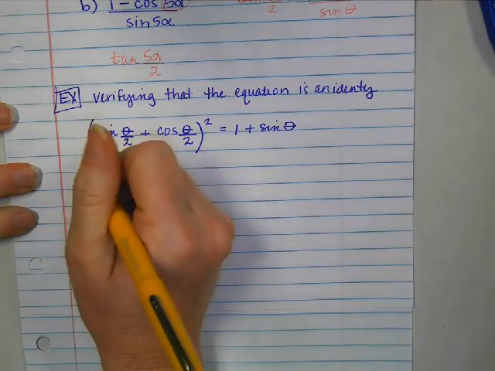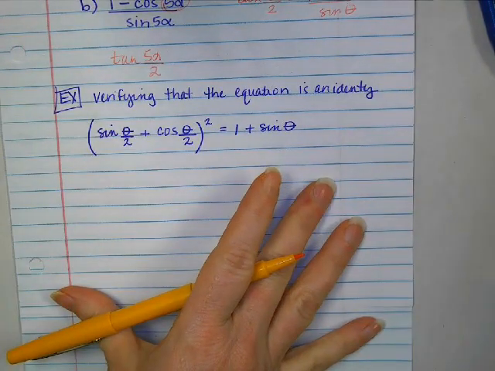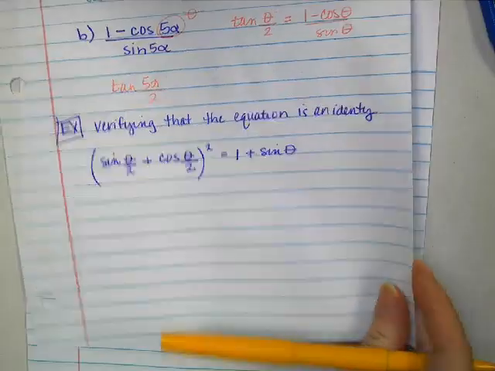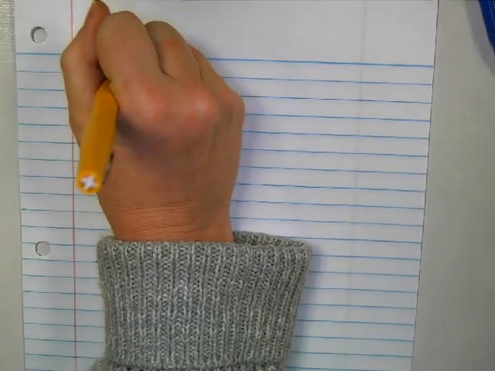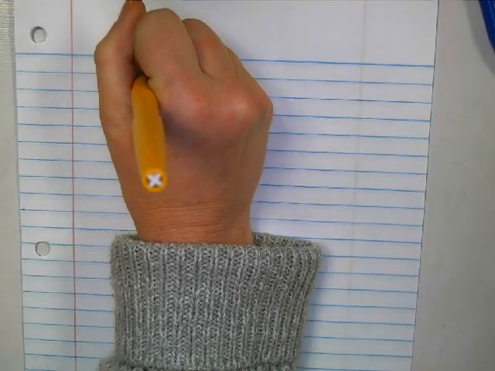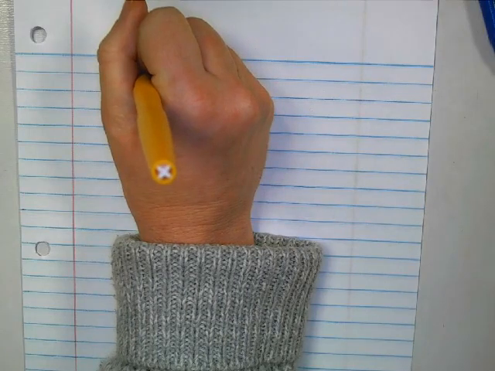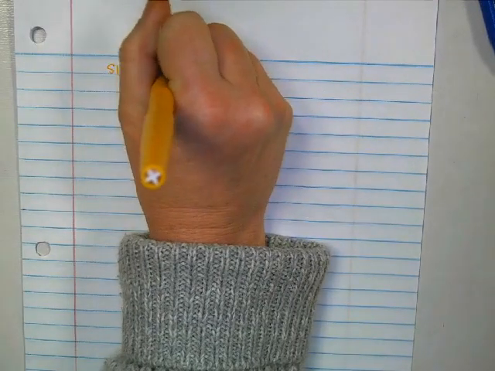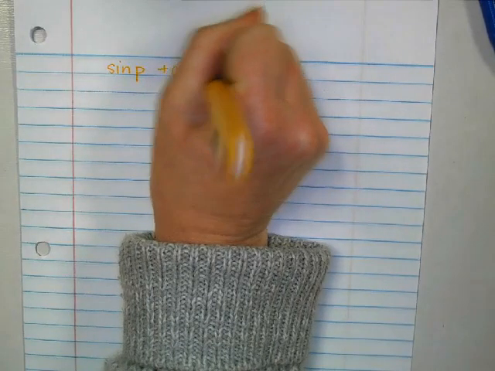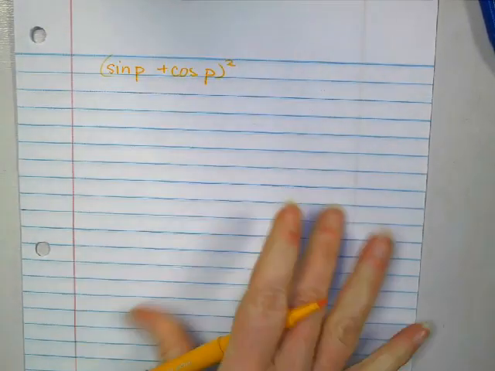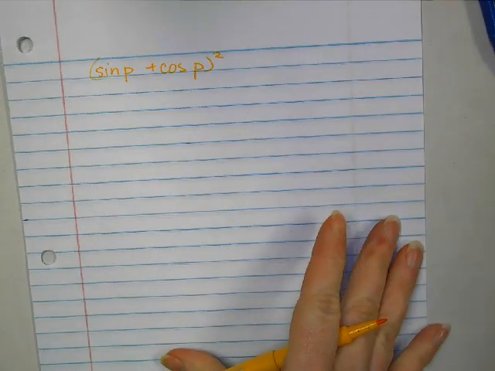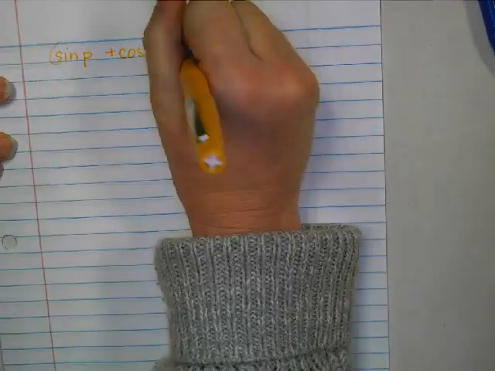I'm going to write this differently because I don't want to deal with the fractions for a second. So if instead of sine theta over 2, I just do sine p plus cosine p, squared, it's the same thing. I can go back in and put theta over 2. I just don't want to deal with the denominators for a second. Okay, so I'm going to square that.